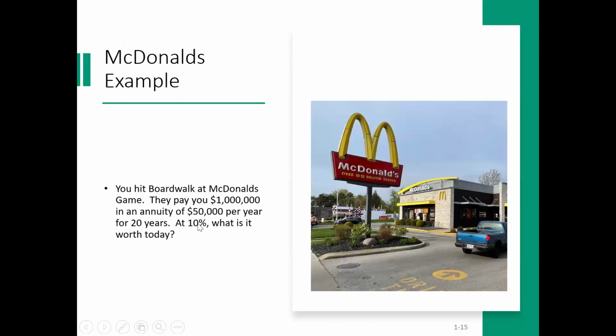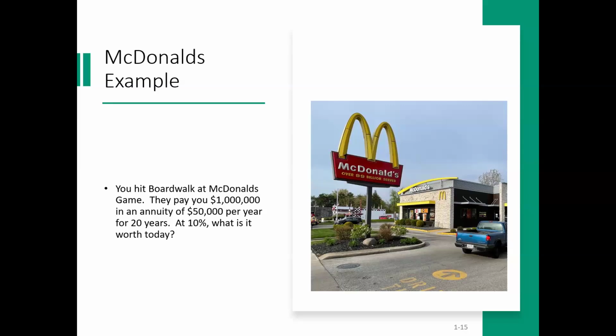So here is a great McDonald's example of an annuity. You hit Boardwalk in this McDonald's game. If you remember this game from several years ago, it was like pieces of Monopoly.